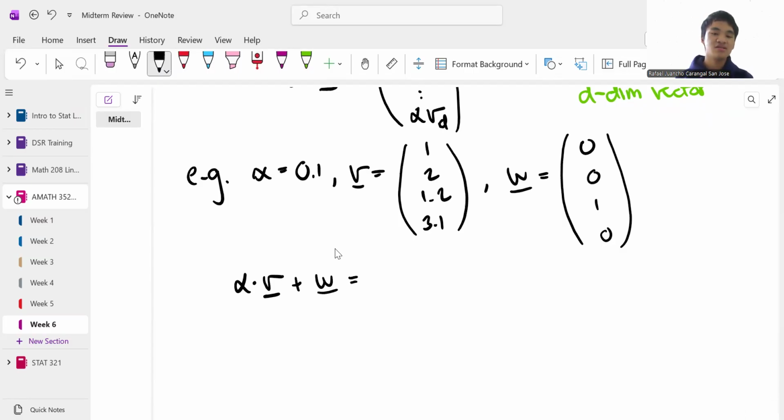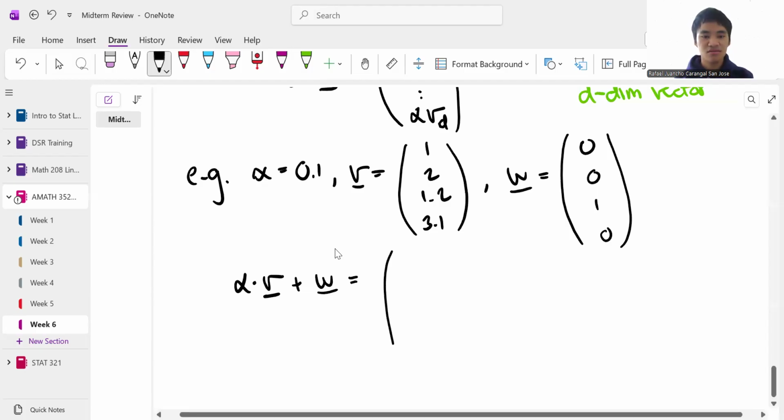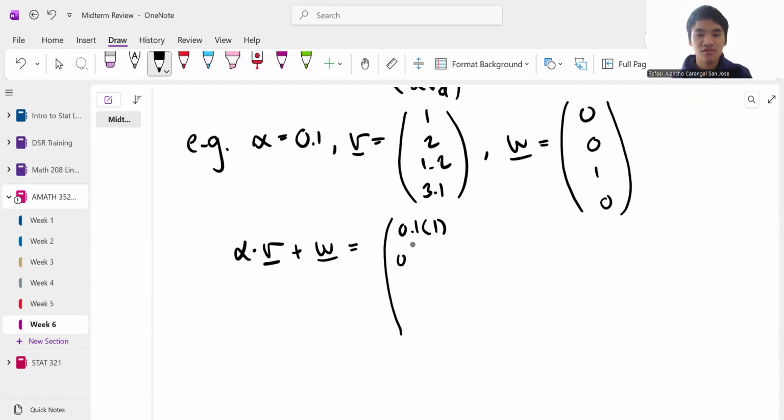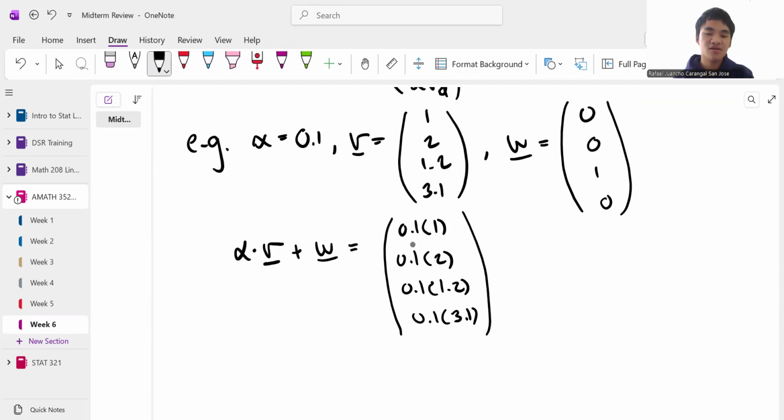So actually, the funny thing is, this also follows PEMDAS, right? So we first start with multiplying 0.1 to v. So that's going to be 0.1 times 1, 0.1 times 2, 0.1 times 1.2, 0.1 times 3.1. And then that's a vector in and of itself. Then we're adding it to w. So w is 0, 0, 1, 0.